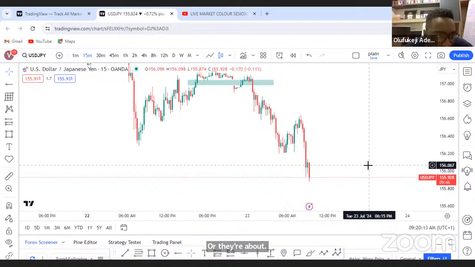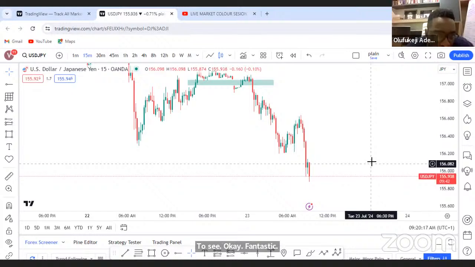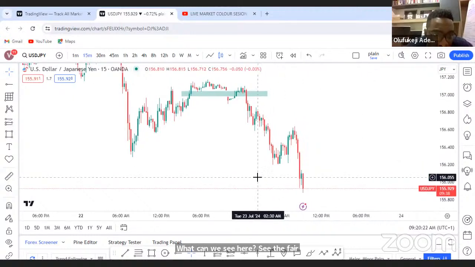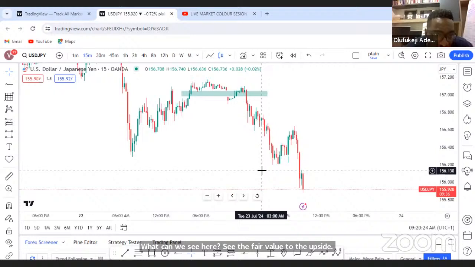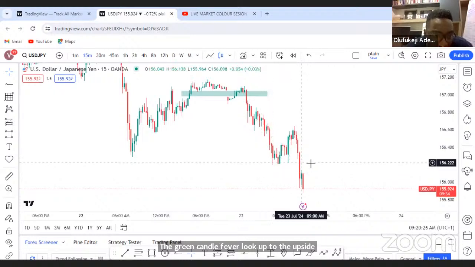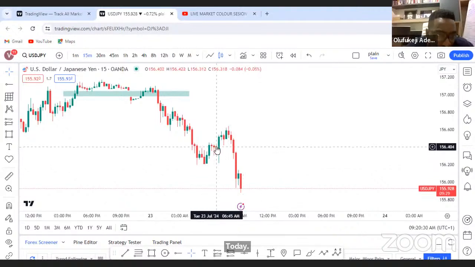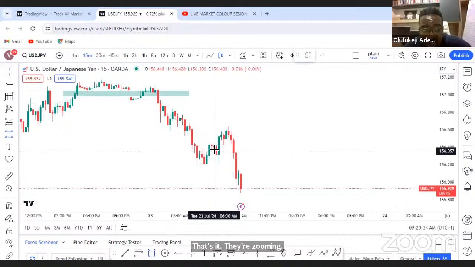Okay, fantastic. So what can we see here? See the fair value gap to the upside. The green candle fair value gap to the upside today. That's it there, zoom in. Exactly, fair value gap to the upside. Is that correct?